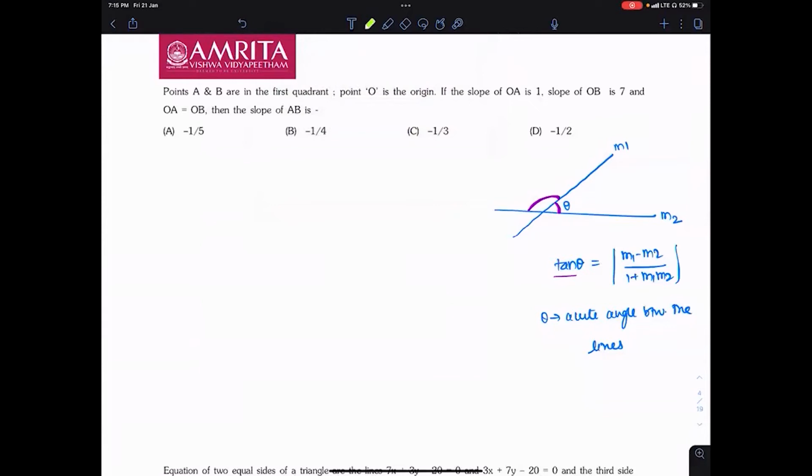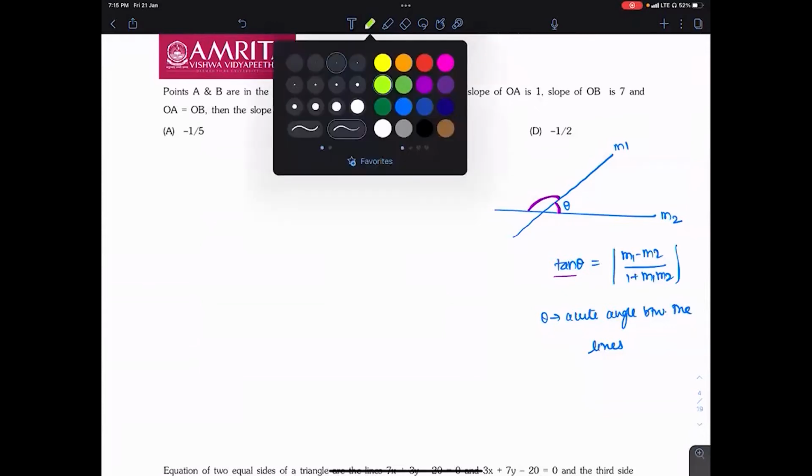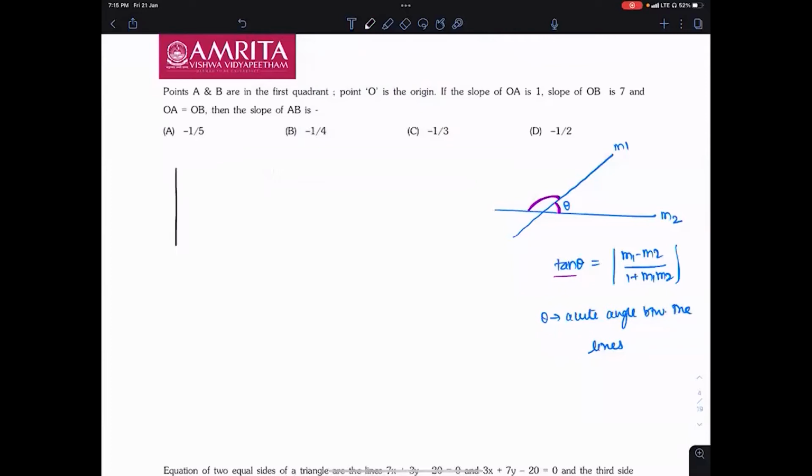First question. The points A and B are in the first quadrant. Let me just draw the x and y axis. O is the origin.